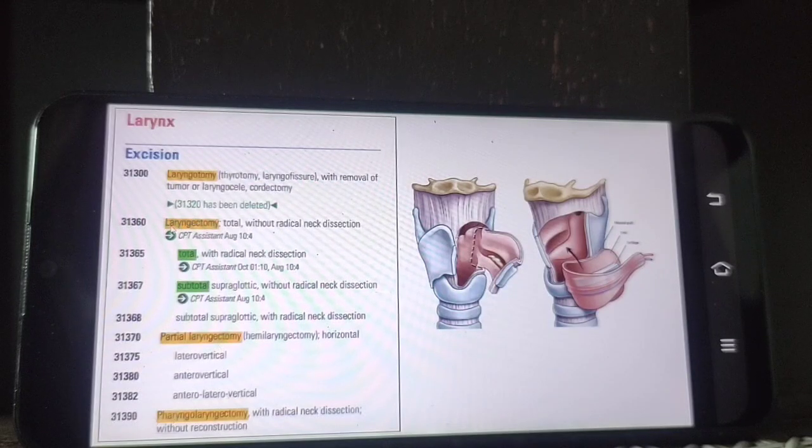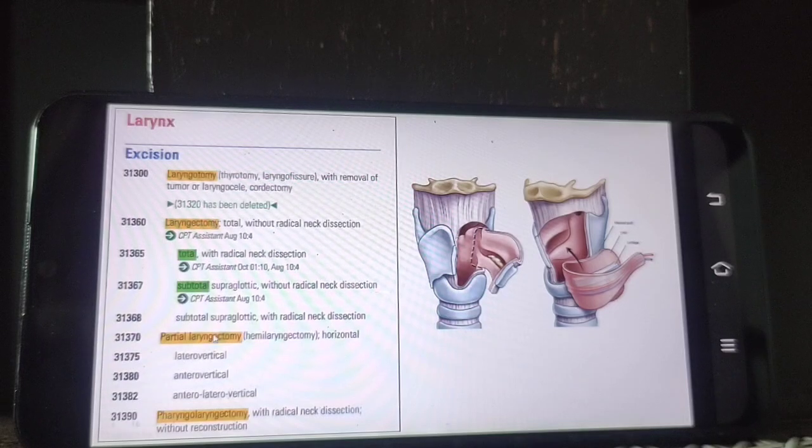So laryngectomy means removal of the larynx. In that we have three classifications: total, subtotal, and partial. Total and subtotal are classified as without radical neck dissection and with radical neck dissection. Partial laryngectomy is classified based on the cutting position, horizontal, vertical, like that.